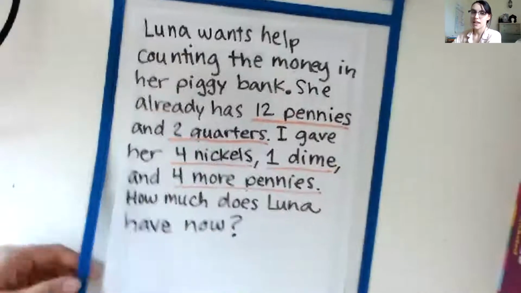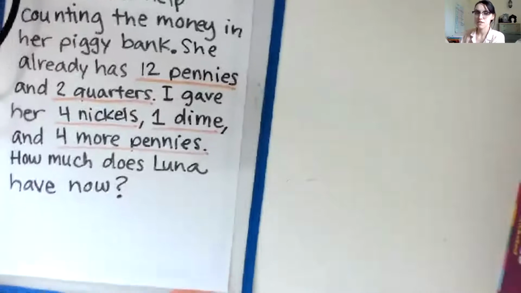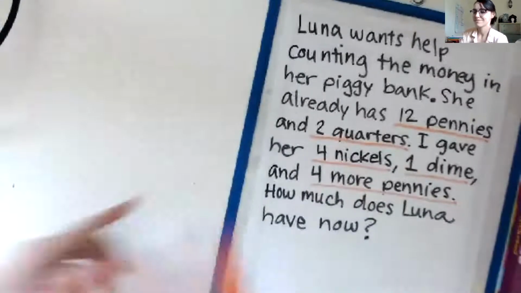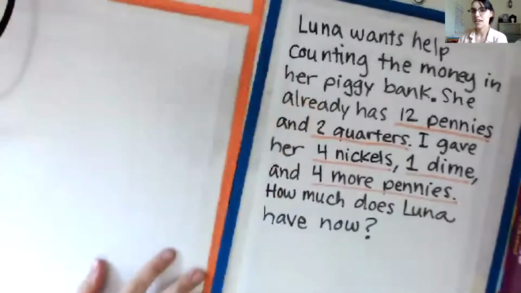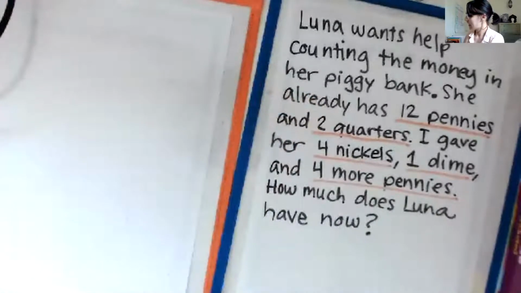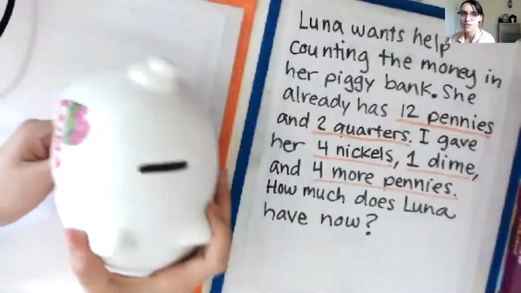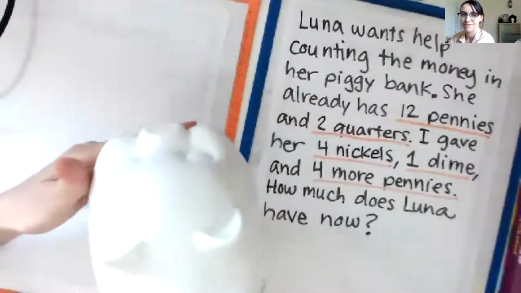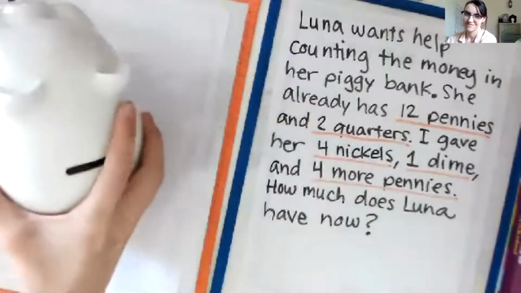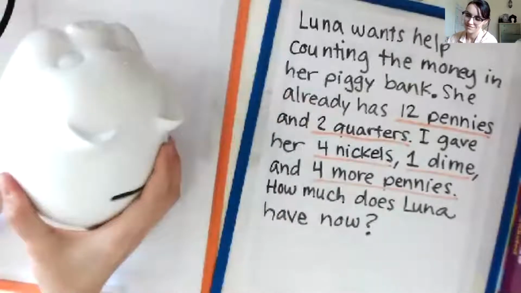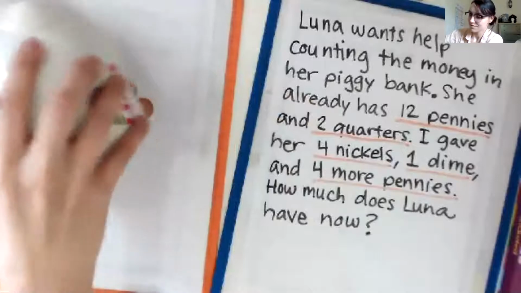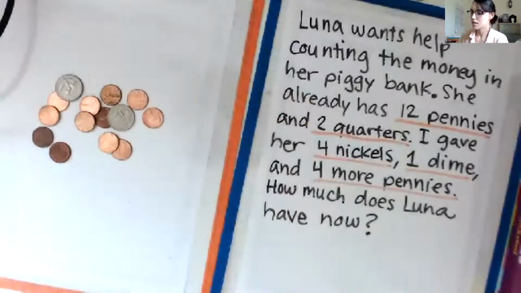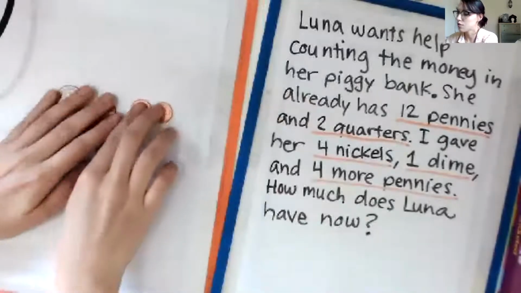So let's go ahead and grab her piggy bank first. Move this over here. And get out what she already had. Here's Luna's piggy bank, little piggy. All right, so they said in the problem that she had 12 pennies.